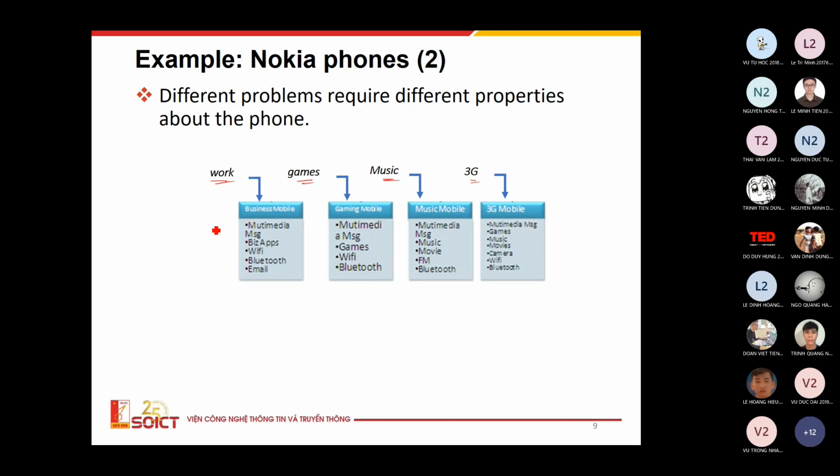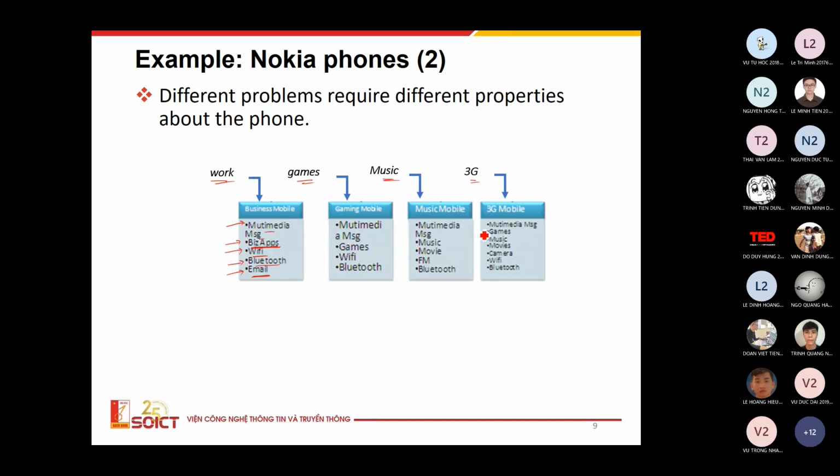For example, if in your problem we just use the mobile for business, you can describe it with this information. For example, you see here the most important for business is how you can email, and then you can use business applications, for example. And Wi-Fi and Bluetooth, for example, are also important.